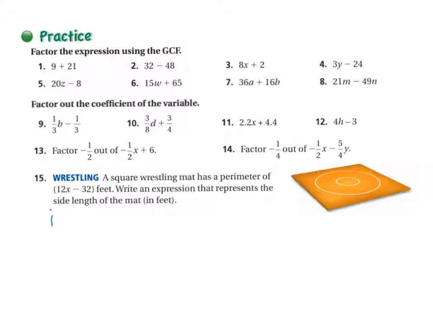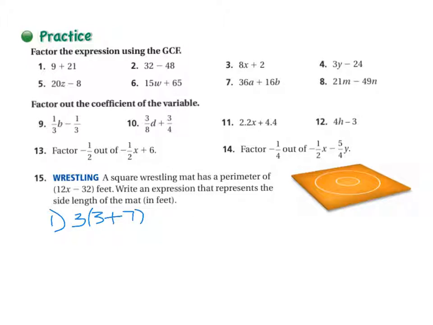So number 1, we know that the greatest common factor for 9 and 21 is 3. So we are going to park that outside a set of parentheses, and 3 times 3 is 9, and 3 times 7 is 21, and there's an addition sign between them, so we put that in the middle.